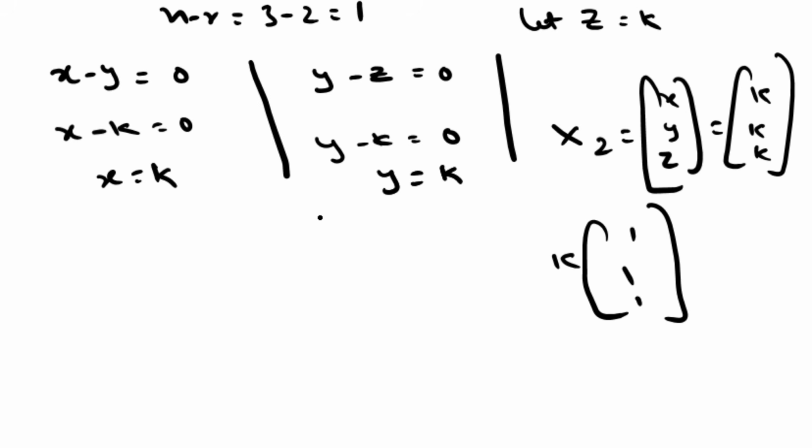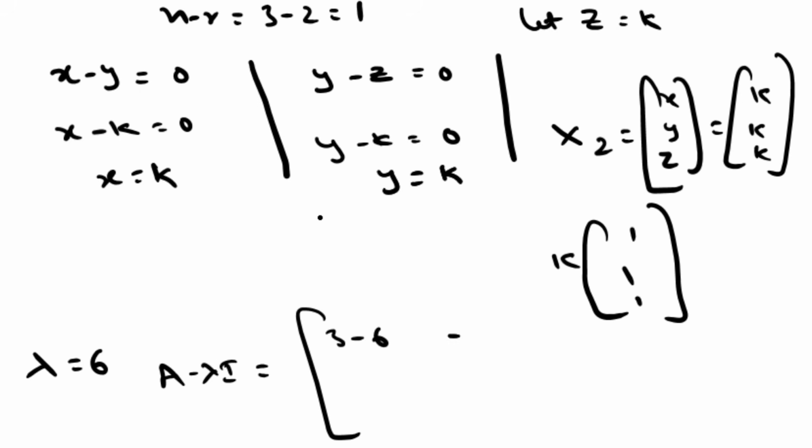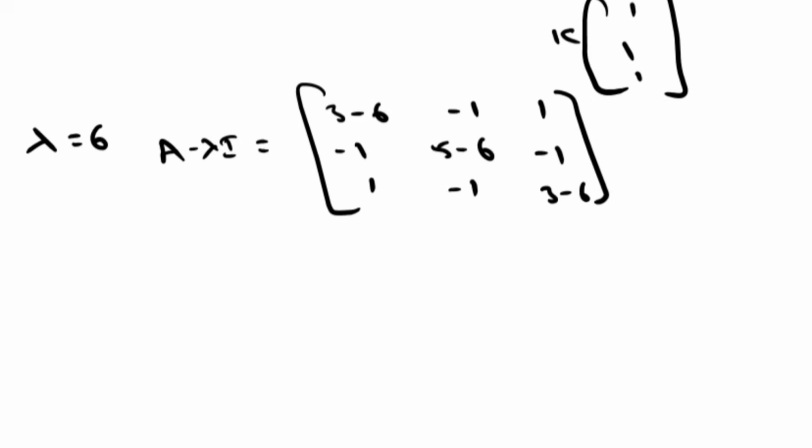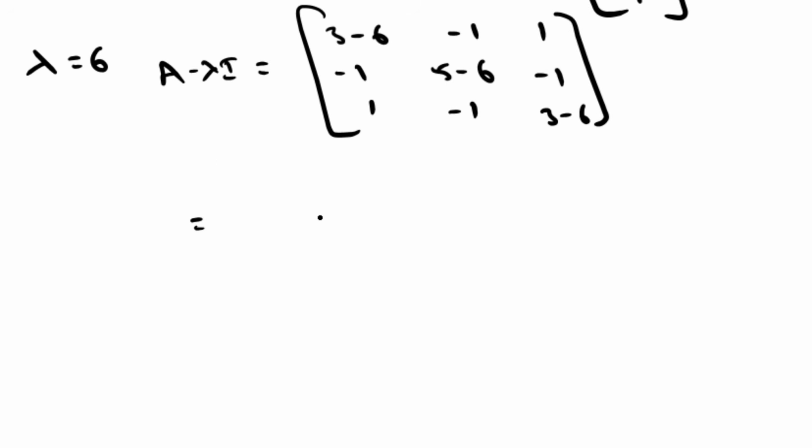Now corresponding to the eigenvalue lambda equals to 6. A minus lambda I is equals to [3-6 -1 1; -1 5-6 -1; 1 -1 3-6], which is equals to [-3 -1 1; -1 -1 -1; 1 -1 -3].